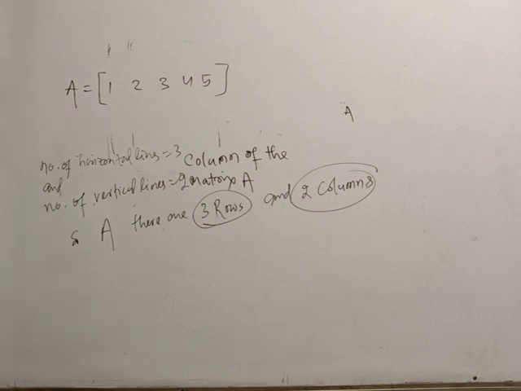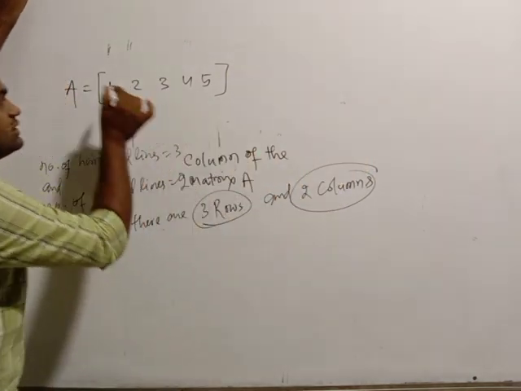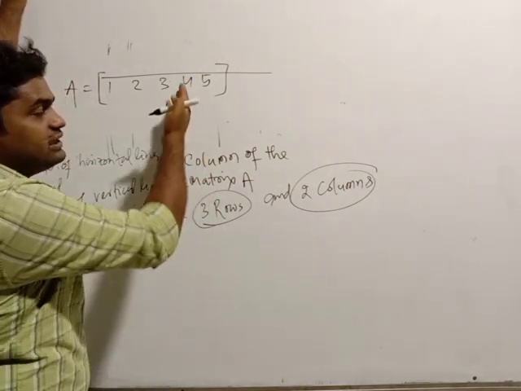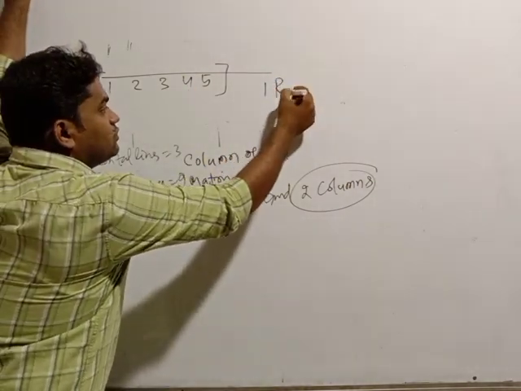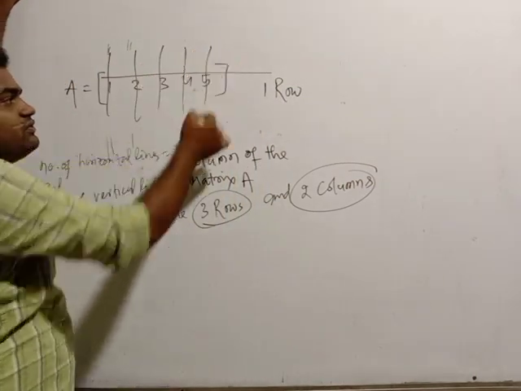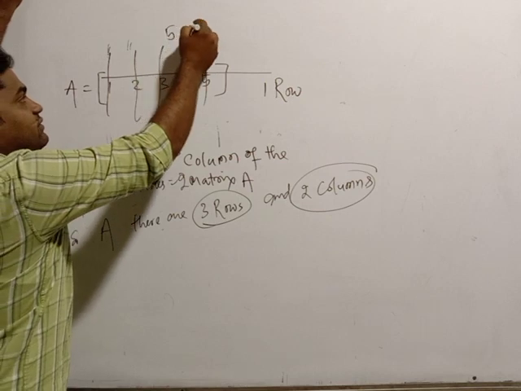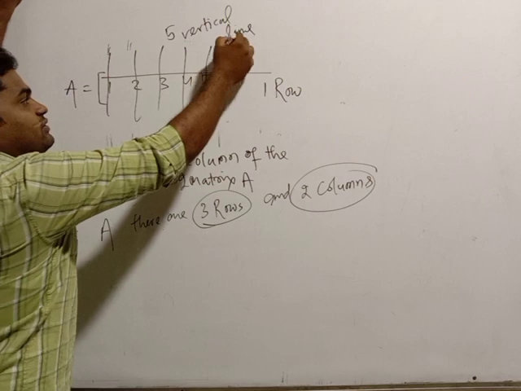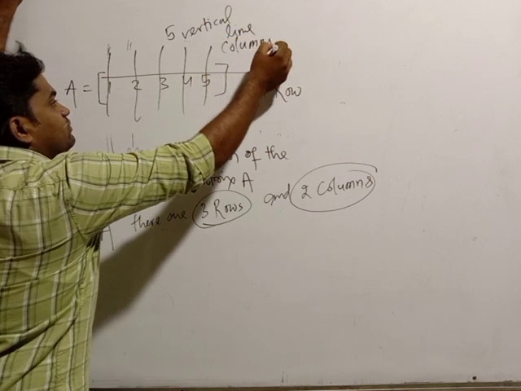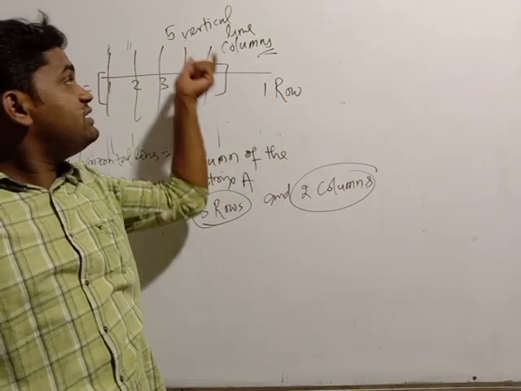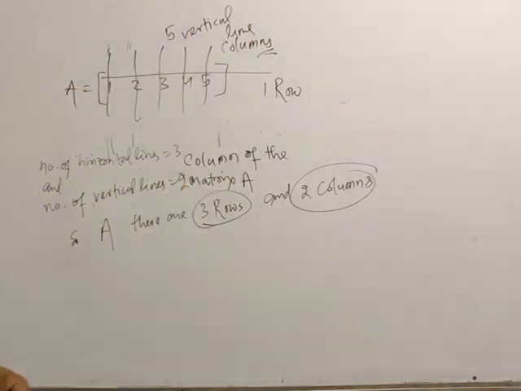In this matrix there is a single horizontal line, so it has one row, and there are 5 vertical lines, so there are 5 columns of this matrix. So this matrix A has a single row and 5 columns.